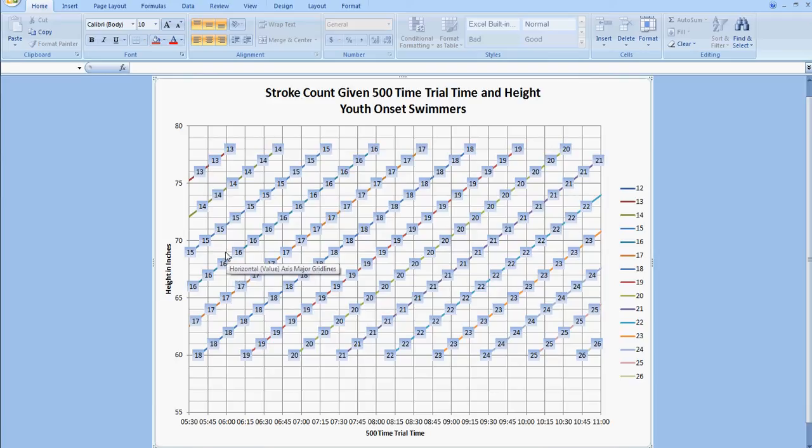Six minutes means that you should be taking almost 16 strokes per length. In point of fact, when he does his, he averages out to 17.5 strokes per length. So, right now, he's about 1 stroke higher than he wants to be.